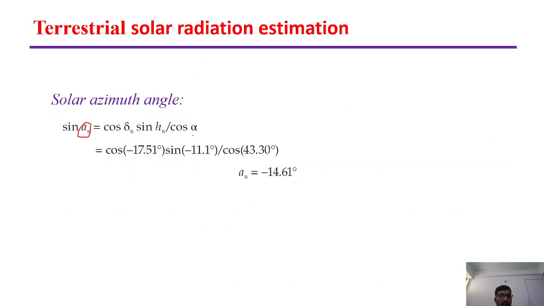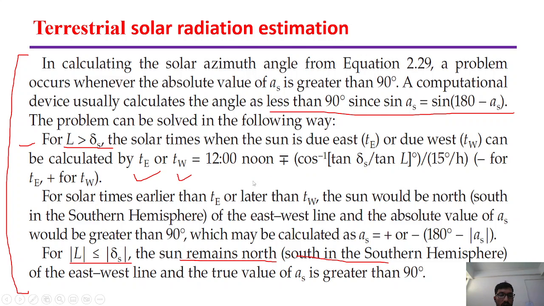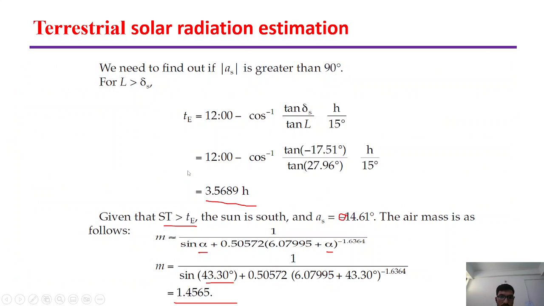And whenever we are calculating the solar azimuth angle, we have to always check the sign, and for this we have to calculate the values for the TE or the TW. So if ST is greater than TE, the sign will be negative.